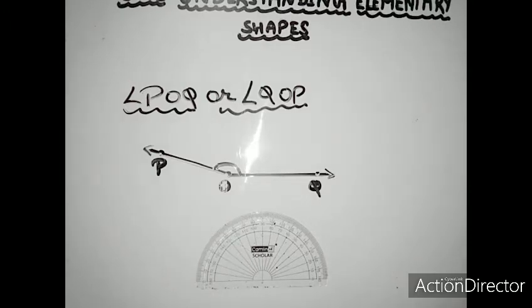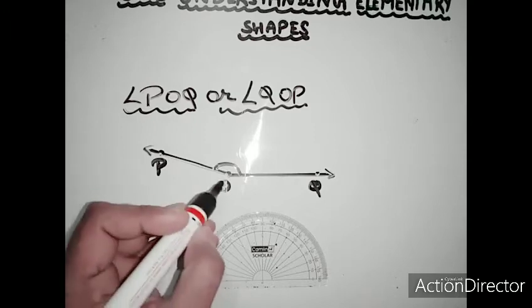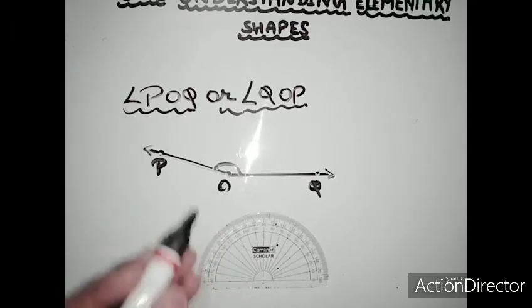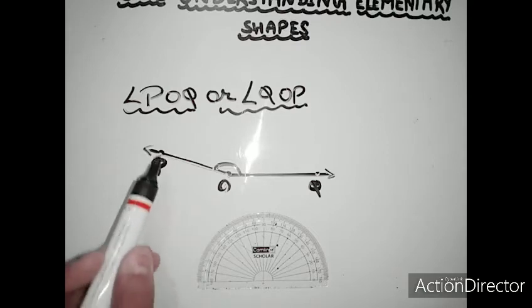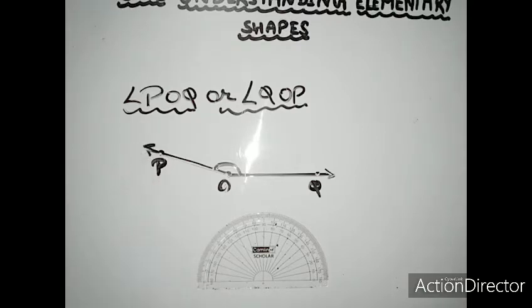Here we assume this angle POQ, and according to this protractor, we assume that it is approximately 160 or 165 degree, right?